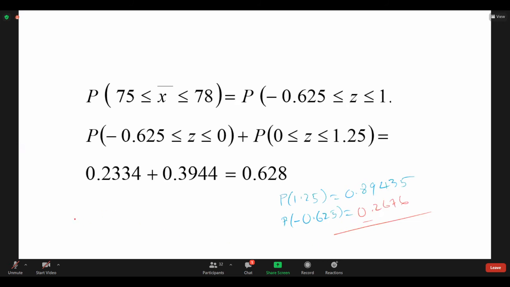The actual probability is that one. All of you subtract the two values, then you can get the required probability.